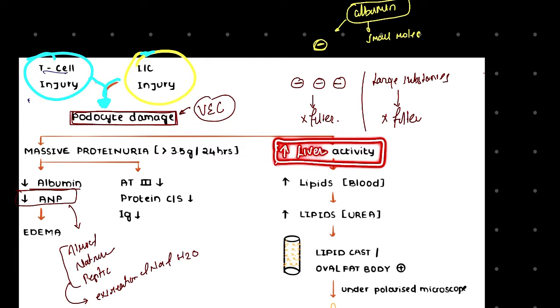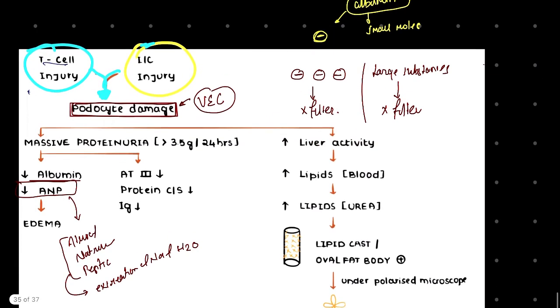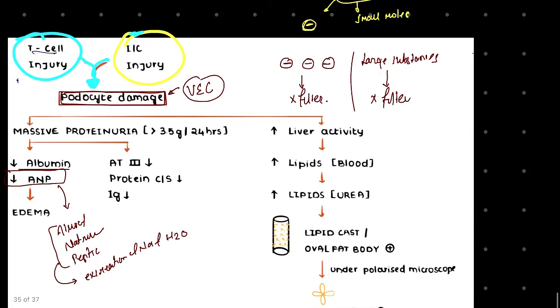So there will be increase in activity of liver. As liver activity will be increased, it will cause the excessive production of lipid also, and the level of lipid will be increased in blood. It will be increased in blood.